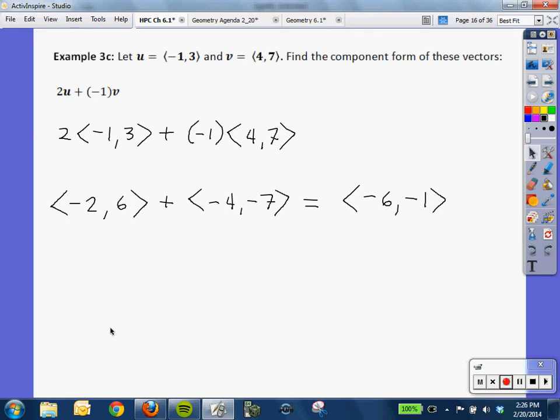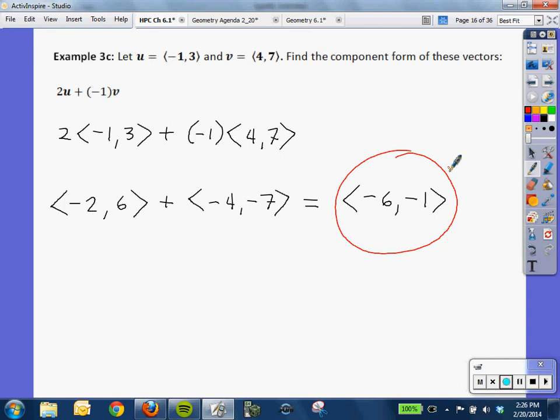We have vector u and vector v once again. We want to find the component form of the vectors when we have 2u plus minus 1v. So here we have 2 times the component form of u plus minus 1 times the component form of v. So we distribute in the 2, we distribute in the minus 1, and then we add the horizontal component to the horizontal component and the vertical component to the vertical component, and our resulting vector is shown here.